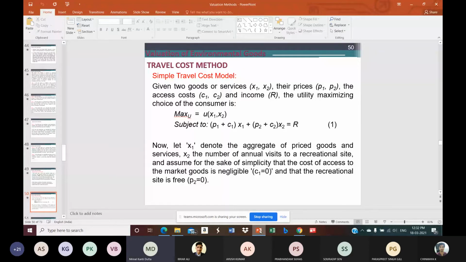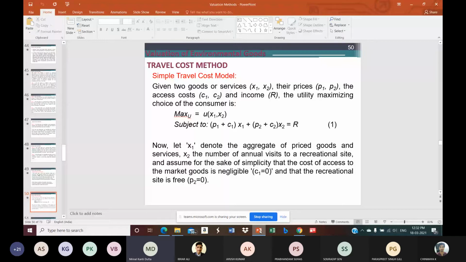Whatever amount of expenses you will be making for accessing or visiting the site cannot exceed the income level of the consumer. So if R is the income level of the consumer, then the expenses made in accessing X1 and X2 should be just equivalent to the value of the income or budget that the person has.